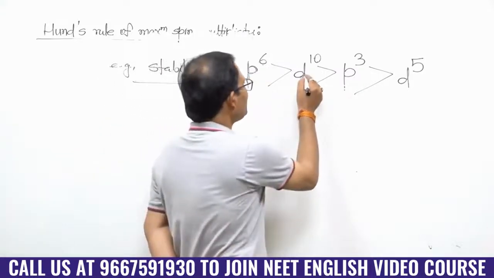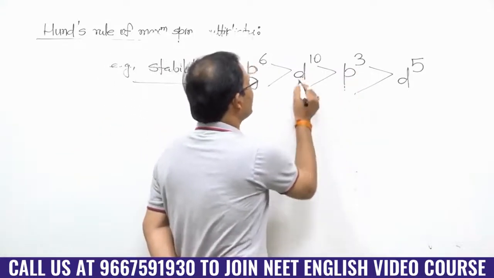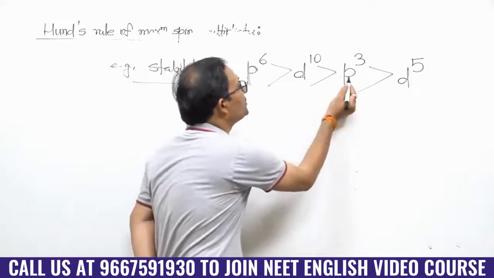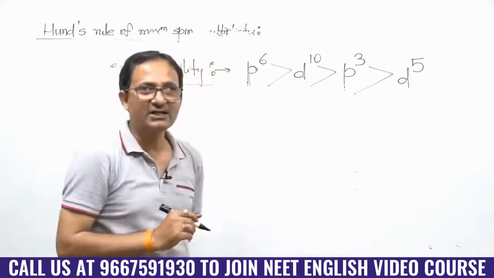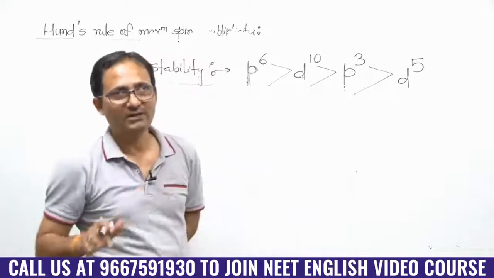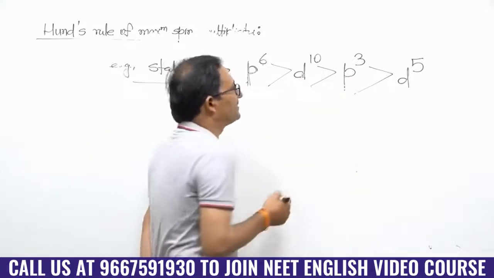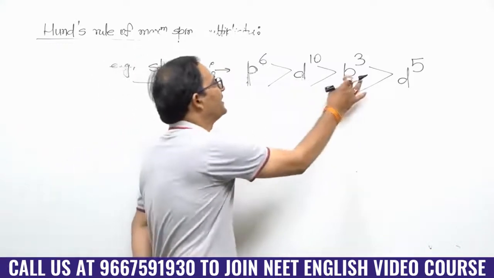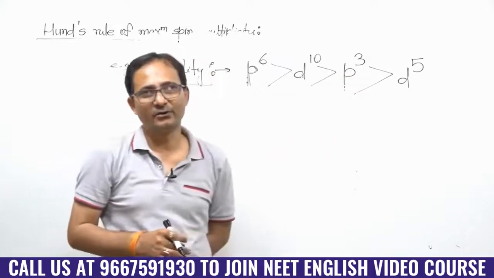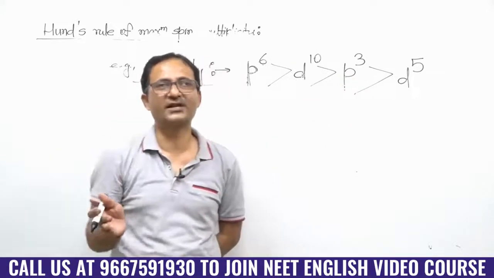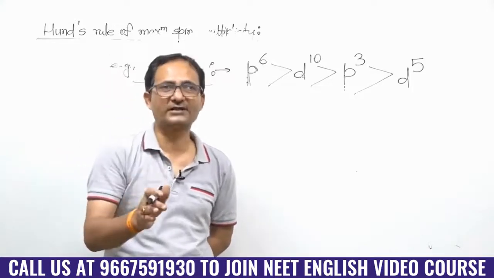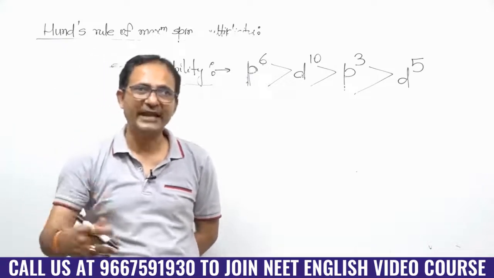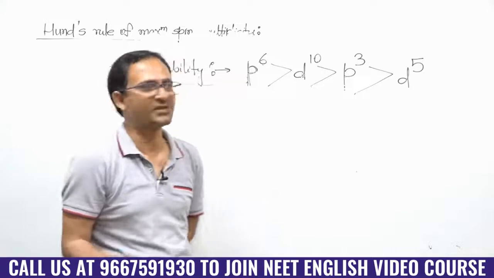Now look here, this is D10 and this is P3. This is fully filled, this is half filled. Now if there are two different subshells but their condition is not the same, as in D10 and P3, where this is fully filled and this is half filled, then you can conclude that the number of exchanges will dominate over the position of the subshell, right?